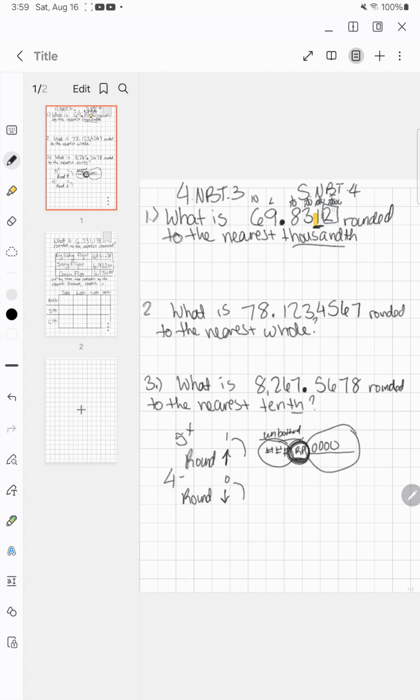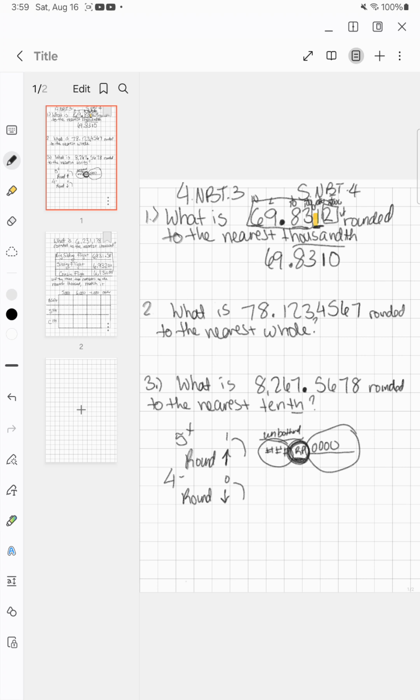And 2, you round down, so I carry 0 over, and 0 plus 1 is 1. Everything after the rounding place turns into a 0, and everything before stays exactly the same because it's left alone. It's not their business. So my answer is 69 and 8,310 10,000ths.